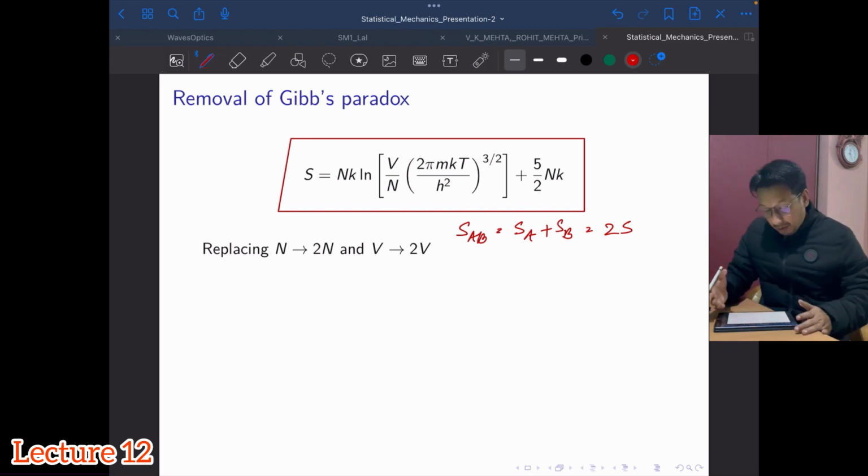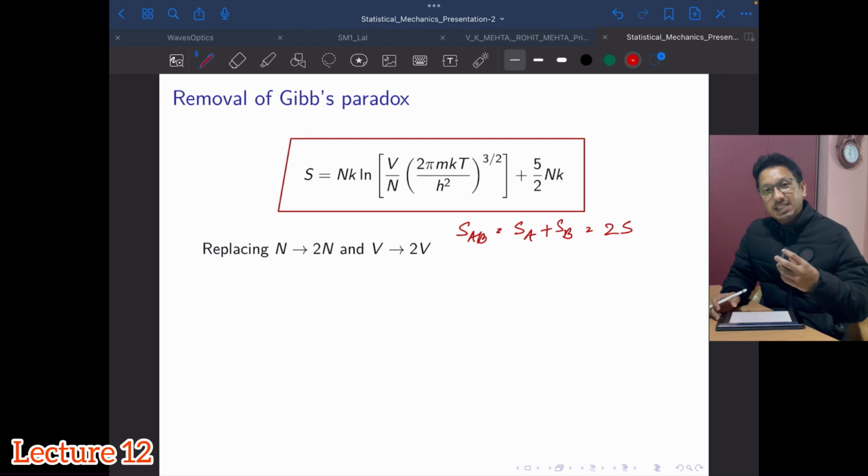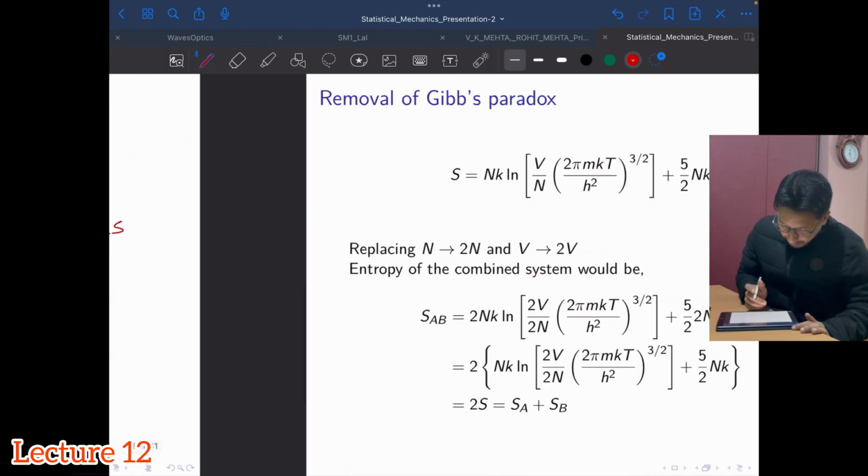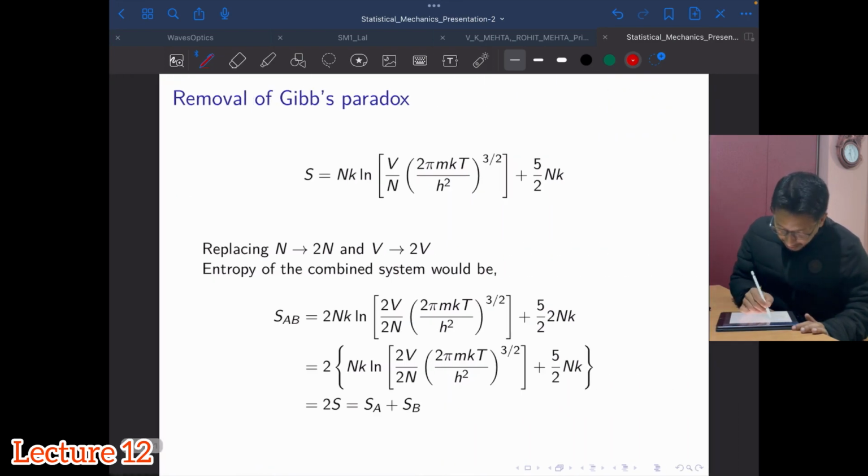Then when I calculate the entropy for the combined system, which has twice the number of particles and volume 2V after removal of the partition, N is replaced by 2N and V is replaced by 2V.